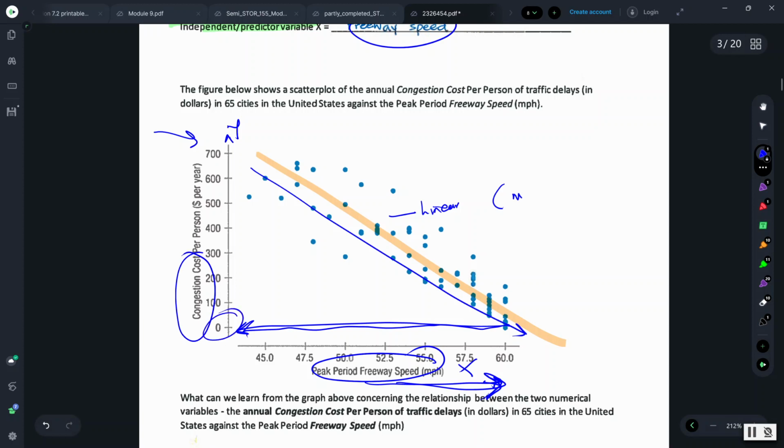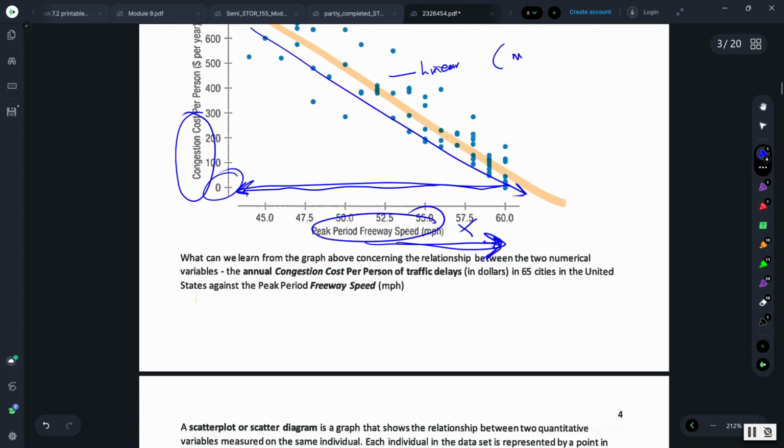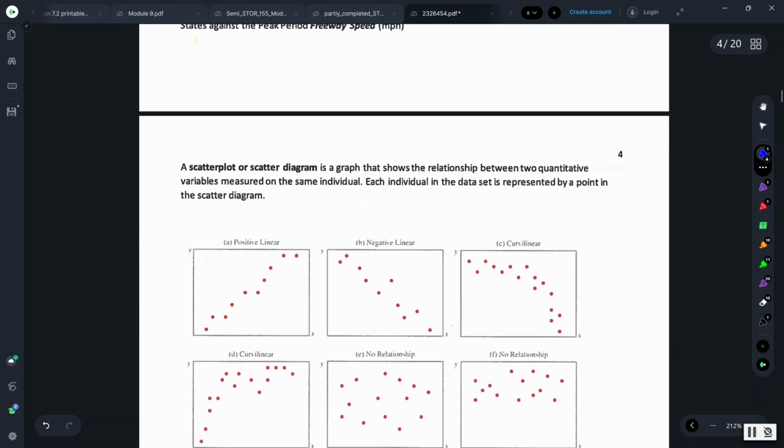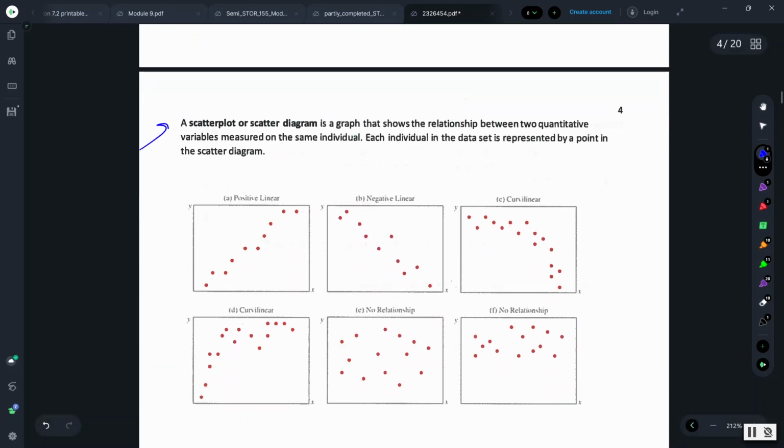To reduce. So with that said, let us see if there are other forms of relationships that can be observed in a scatter plot or a scatter diagram. Just to remind you, or to formally state it, what is a scatter plot or a scatter diagram?